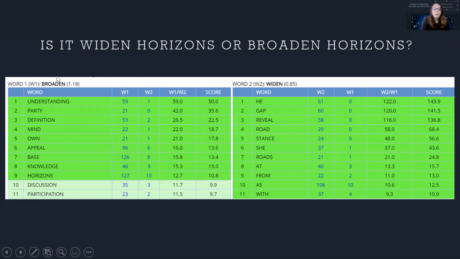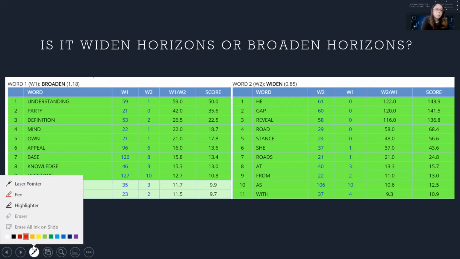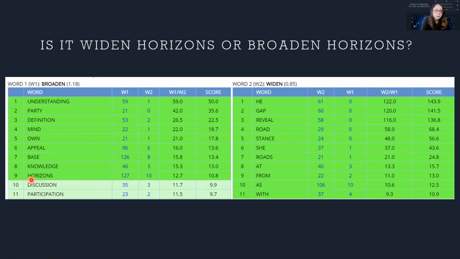Okay, so we have broaden, and look here at number 9. So the answer is broaden. Over here, there's no horizon, even if you keep searching. But what you can see is widen, a road, a gap, a stance.